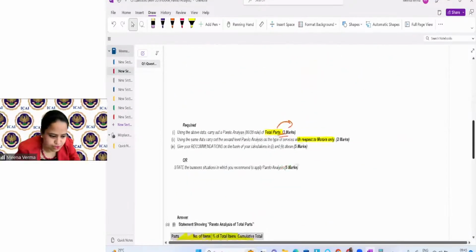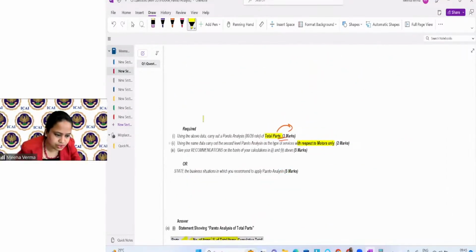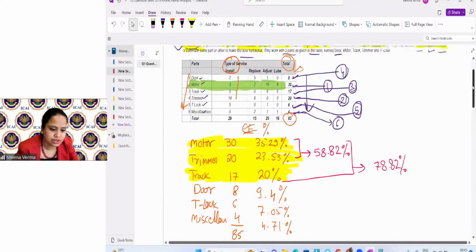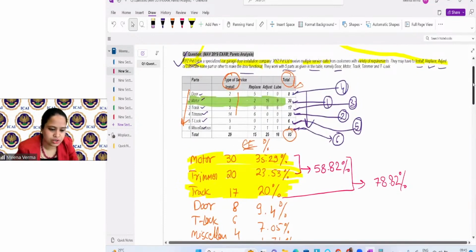What was the next part of the question? Using the data of motors, prepare a Pareto analysis chart. What are the important parts on which we have to focus in case of motors? So this was my question for the total parts. Now let's consider the next portion.